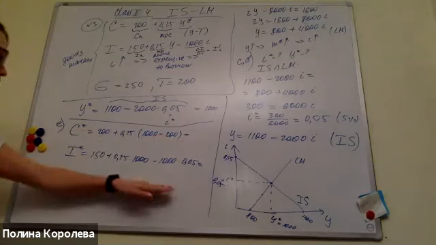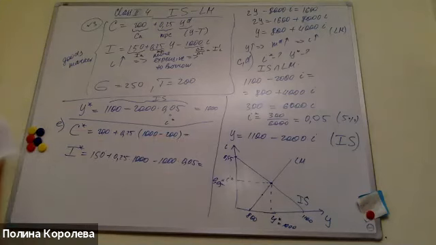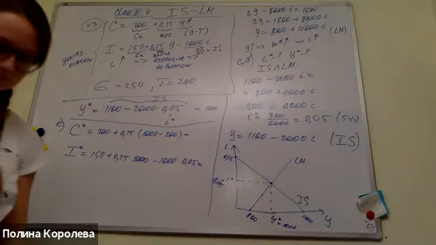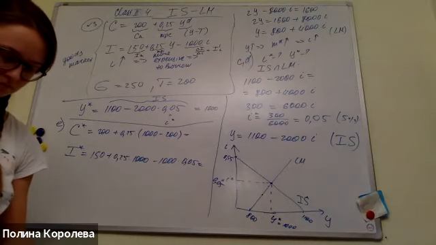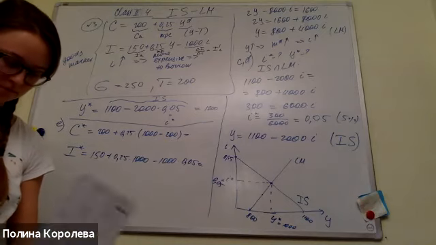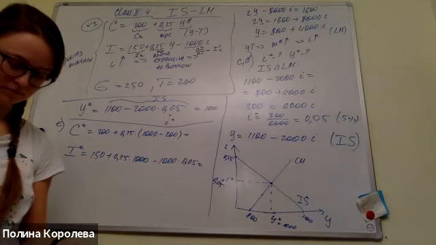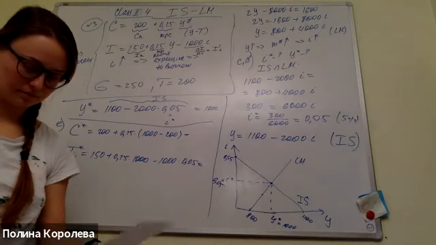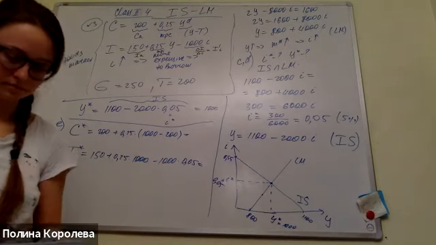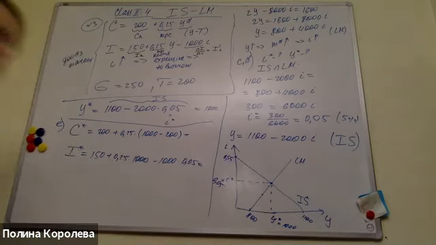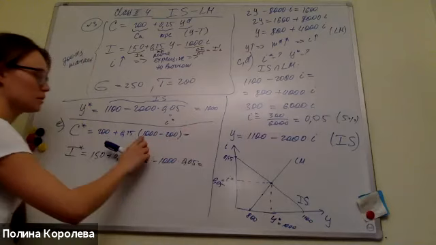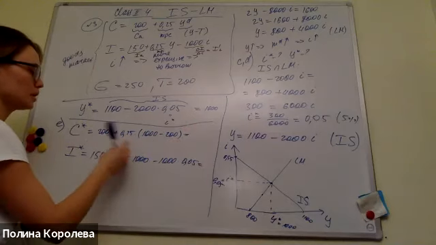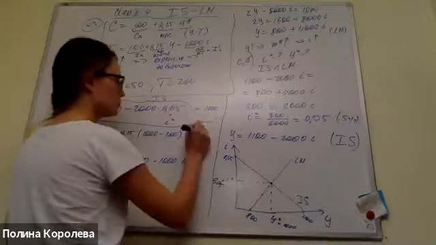Maybe somebody counted. No? Okay. Here 800 over 4 is 200, so consumption is 400.